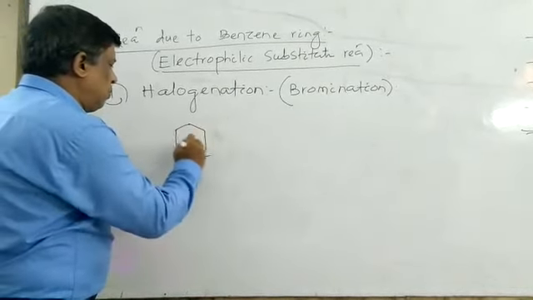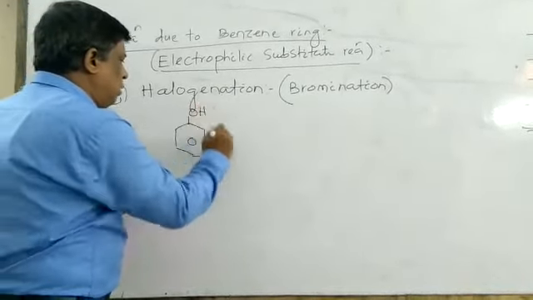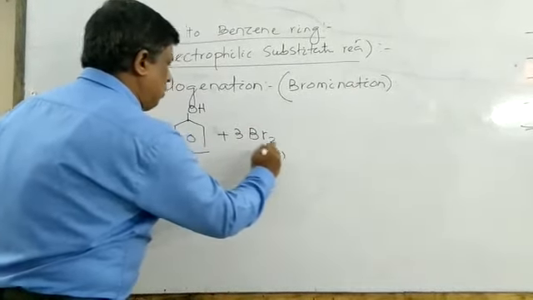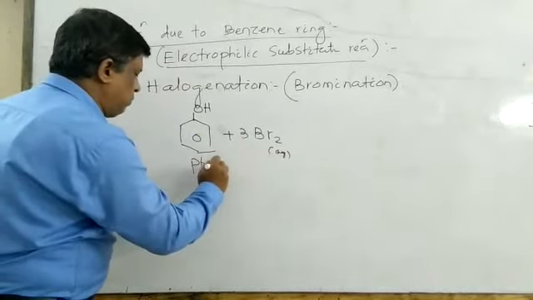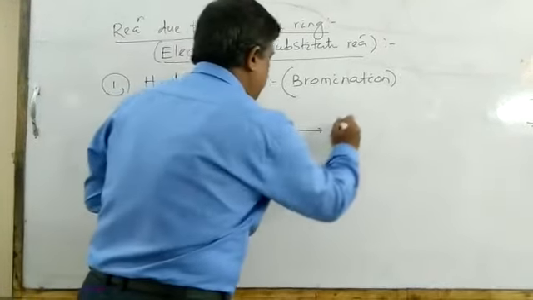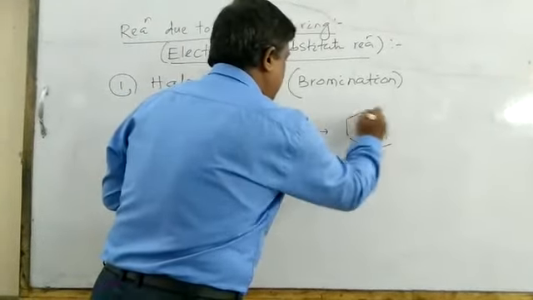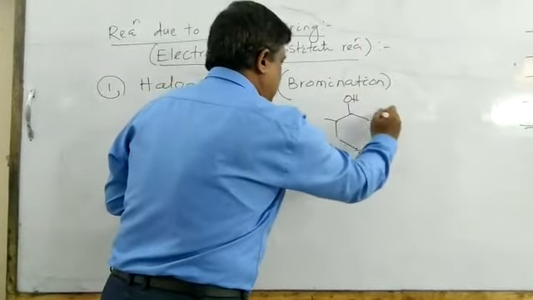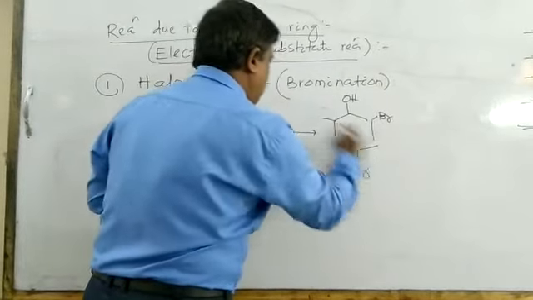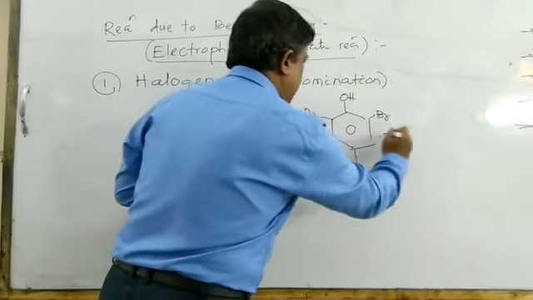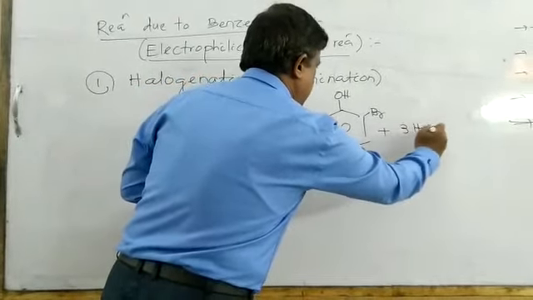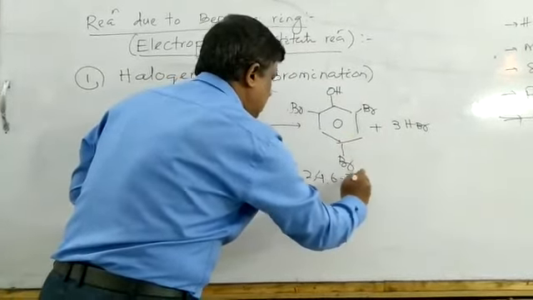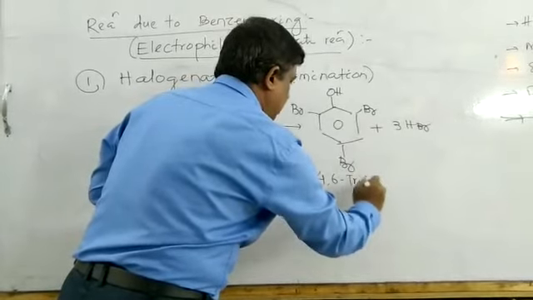When phenol is treated with bromine water, what happened? A substituted product is formed, that is 2,4,6-tribromophenol.